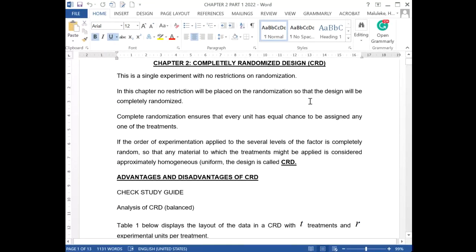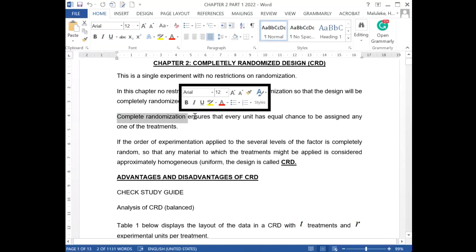So complete randomization ensures that every unit has an equal chance to be assigned to any one of the treatments.